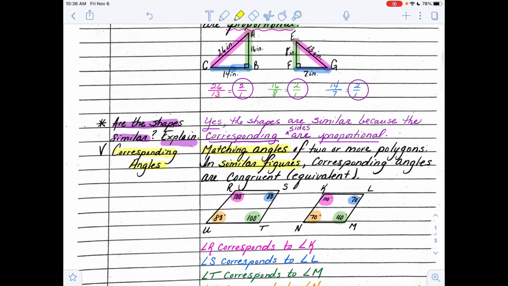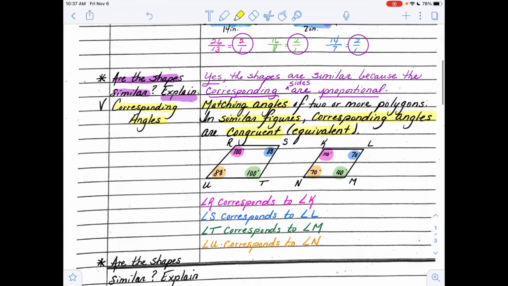Well, if they really are similar figures, those corresponding angles will actually be congruent, meaning equal, equivalent. They must be the same. It doesn't matter what size it is. The angles have to be the same if they really are similar.